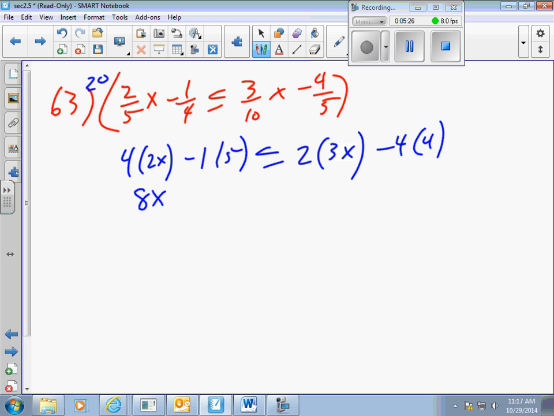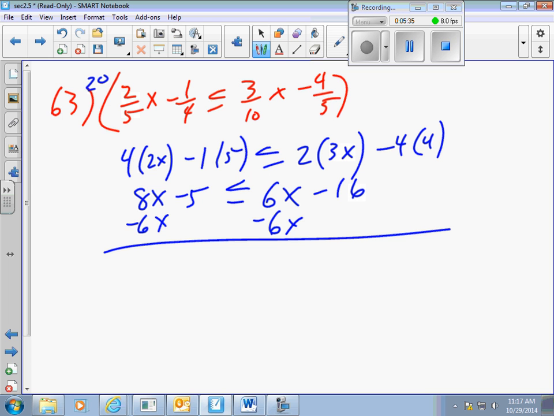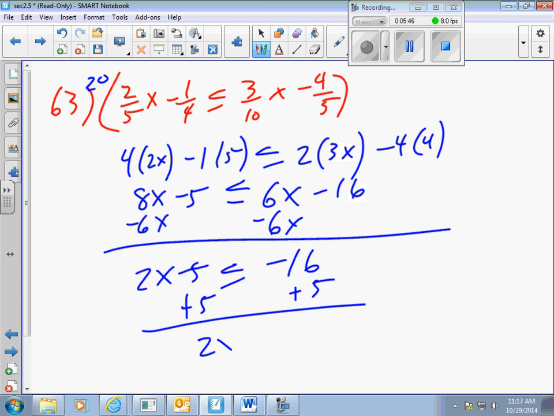Simplifying, I get 8x minus 5 is less than or equal to 6x minus 16. Subtracting 6x from both sides, I get 2x minus 5 is less than or equal to negative 16. Adding the 5 to both sides, I get 2x is less than or equal to negative 11.